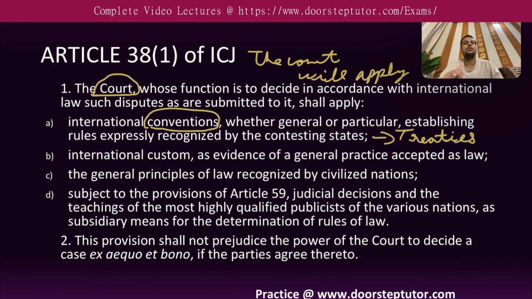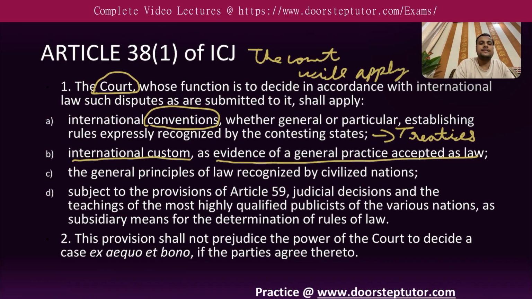Then the second source is international custom. It is described as the evidence of a general practice. The customs are treated as a source of law, international customs, as they are the evidence, and it is also accepted as law.